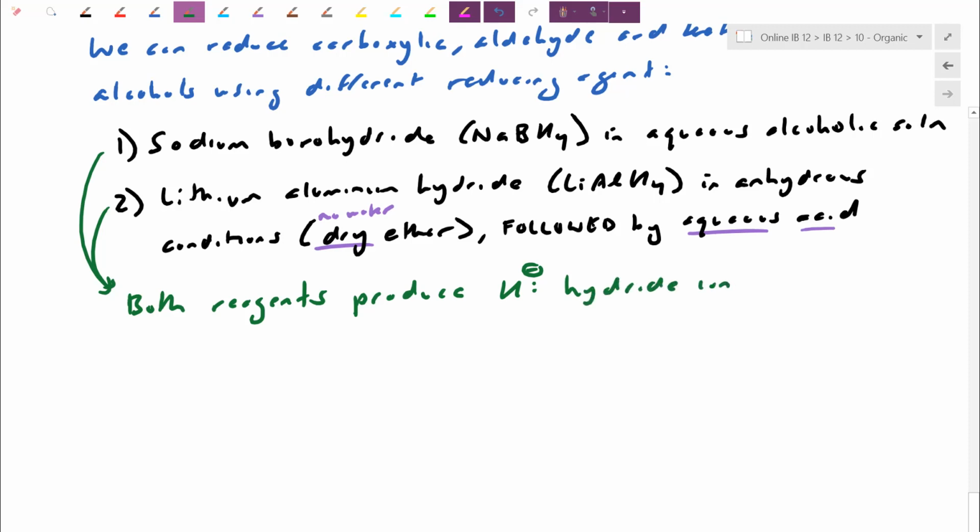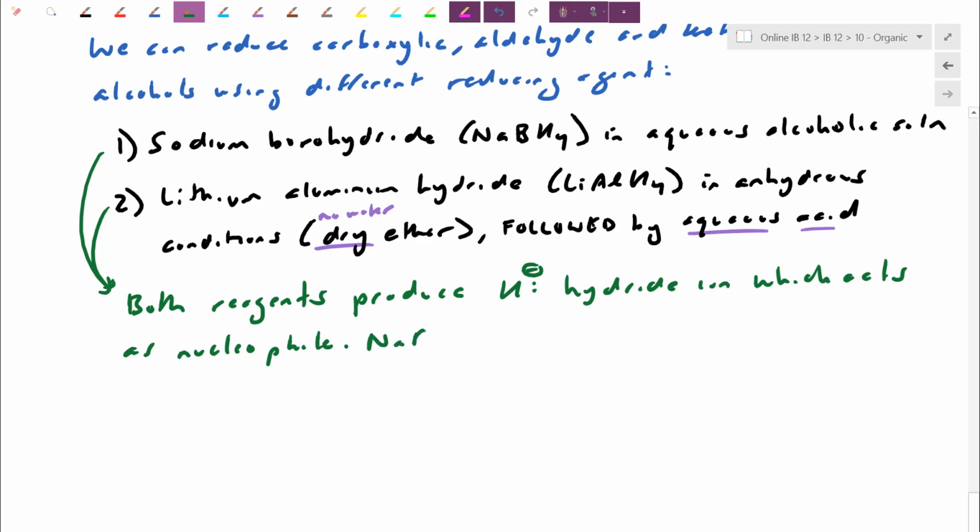And it's actually this H- that's going to add to my oxidized aldehyde, ketone, whatever, and bring it back down. So the hydride ion acts as a nucleophile. It's going to add its way, reduce the oxygens, and add more hydrogens onto the molecule.